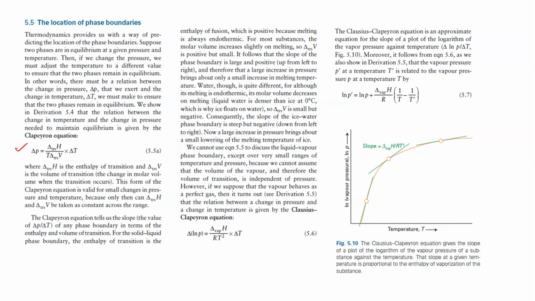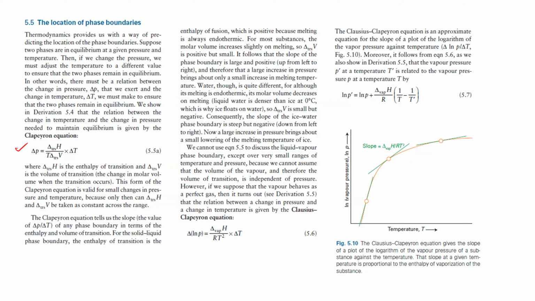For the solid-liquid phase boundary, the enthalpy of transition is the enthalpy of fusion, which is positive because melting is always endothermic. For most substances, the molar volume increases slightly in melting, so delta transition volume is positive but small. It follows that the slope of the phase boundary is large and positive, up from left to right, and therefore that a large increase in pressure brings about only a small increase in melting temperature.